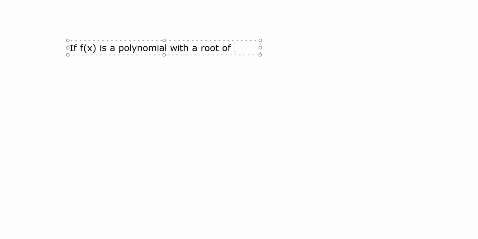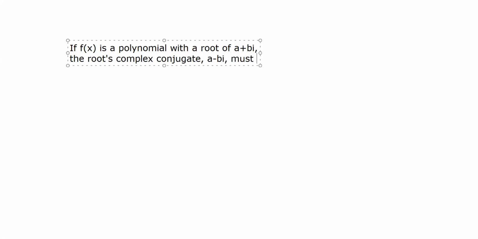So I'll kind of write it out formally. If f of x is a polynomial with a root of a plus bi, the root's complex conjugate, a minus bi, must also be a root of the polynomial.